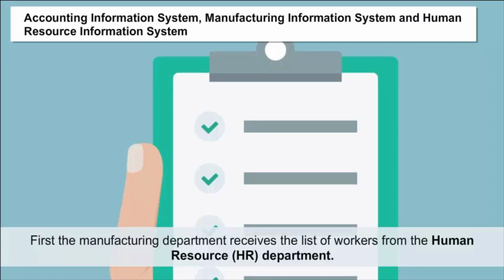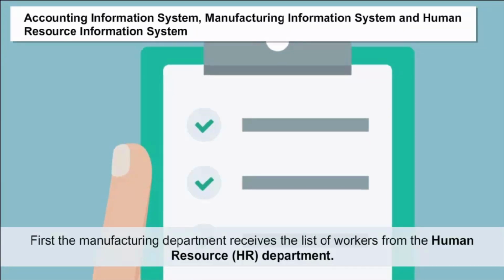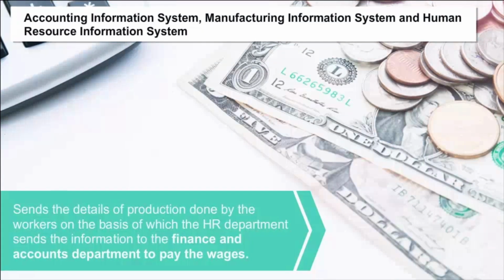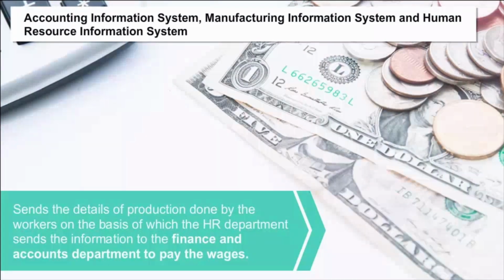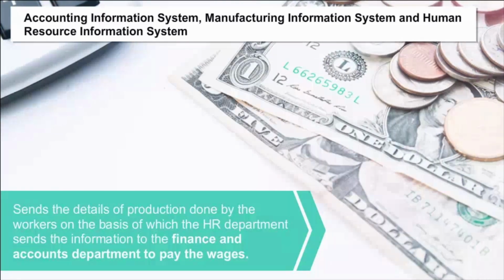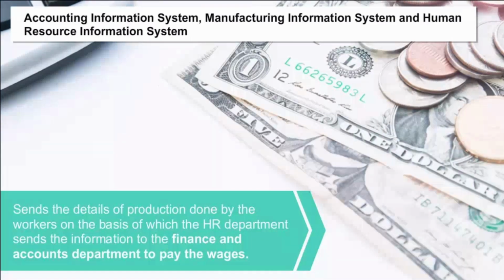First, the manufacturing department receives the list of workers from the human resource, that is, HR department. It sends the details of production done by the workers, on the basis of which the HR department sends the information to the finance and accounts department to pay the wages.